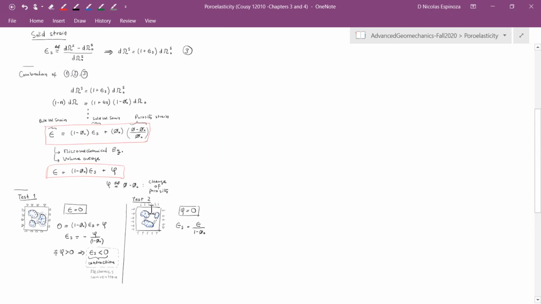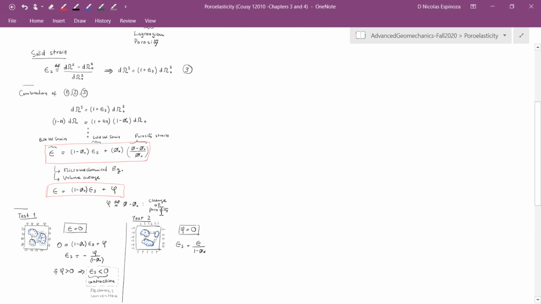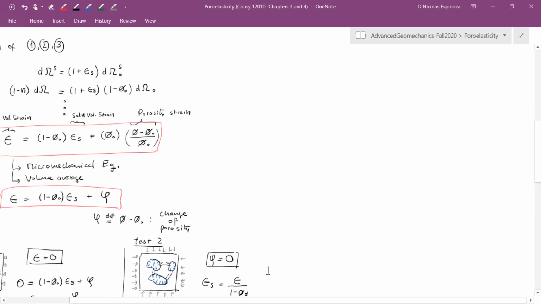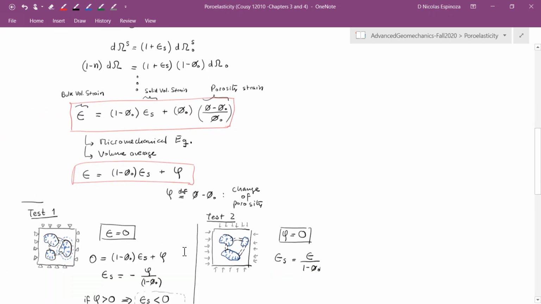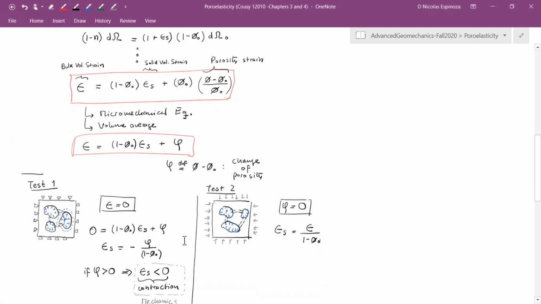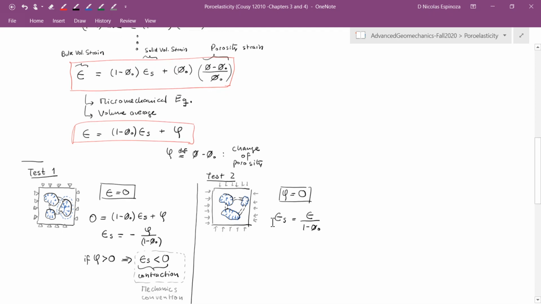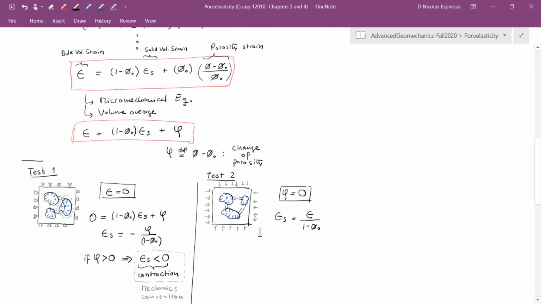All right, so with these basic definitions, we are ready to start working on the following equations of poroelasticity that are going to allow us to predict what the changes of porosity are and also what is the law that governs the deformation of a porous solid in terms of the Biot effective stress.